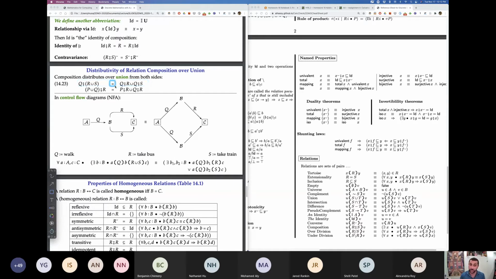This equality gives us the for all right here because of extensionality. Equalities give us for alls, and each existence comes from these compositions. So here's one existence on that side, and two existences on this side. And the ors come from the unions.